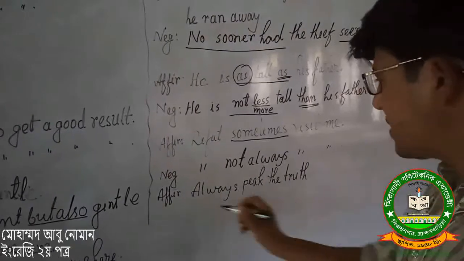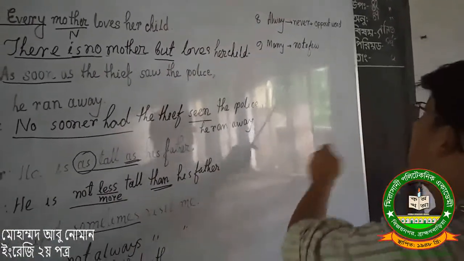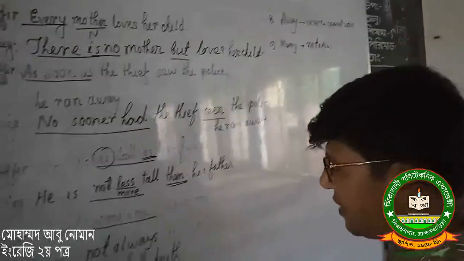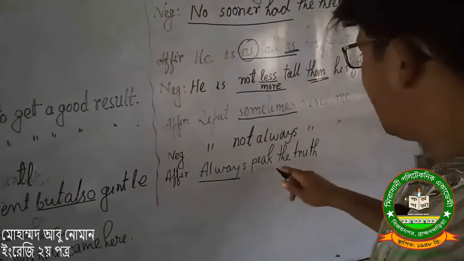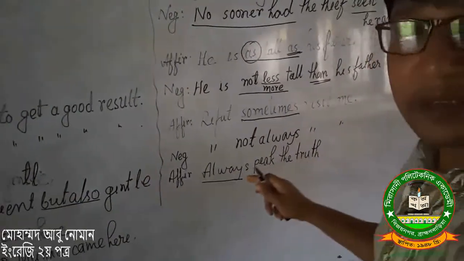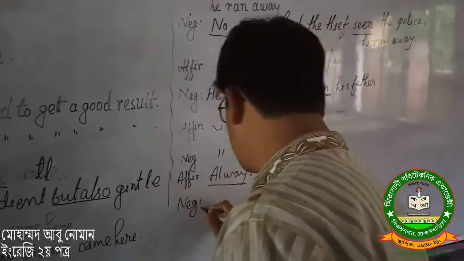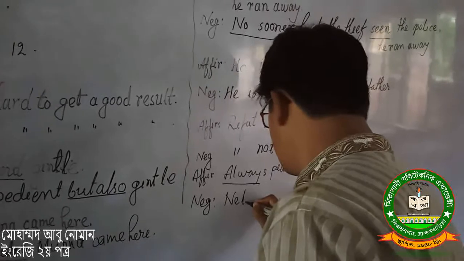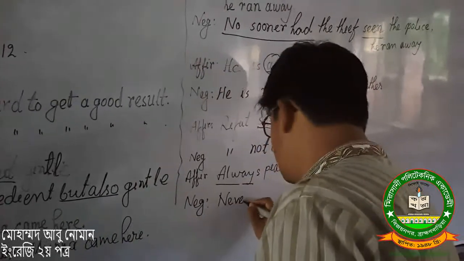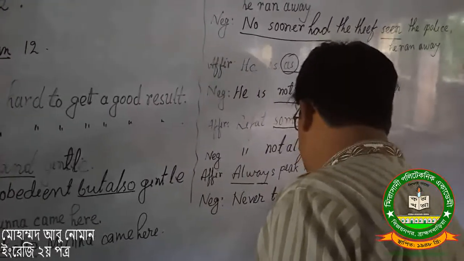Here is another sentence. If we find the word "always", instead of always we may write "never", then the opposite word. Here I found: always speak the truth. The opposite word of truth will be lie. Negative form: never tell a lie.